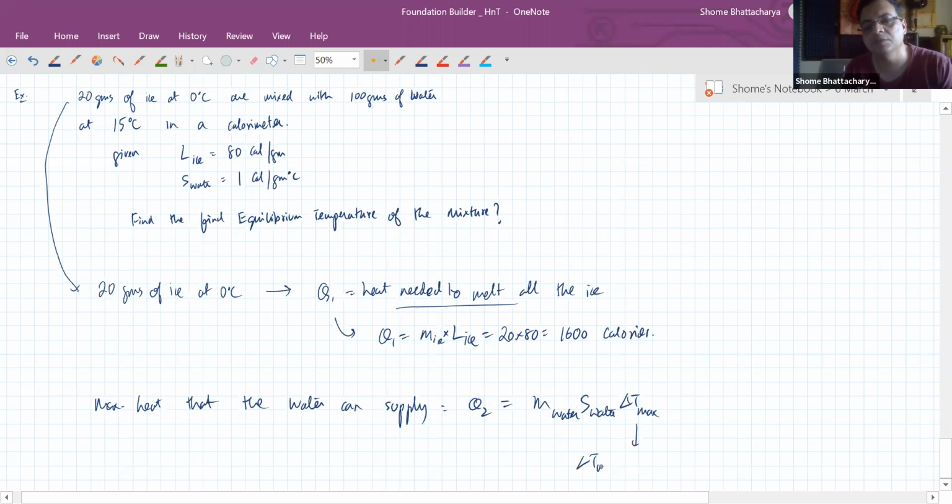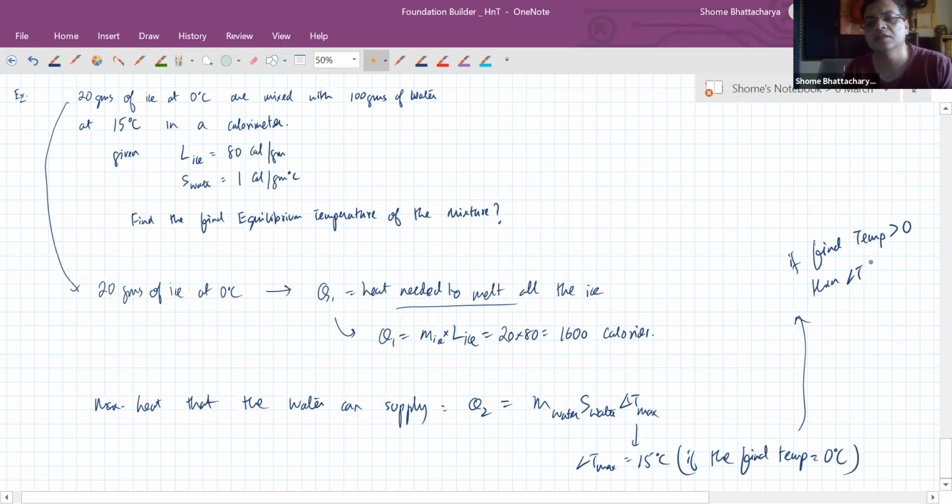Now this maximum temperature change will be how much? It will be 15 degrees C if the final temperature is 0 degrees C. Because if the final temperature is greater than 0, then delta T will be less than 15.